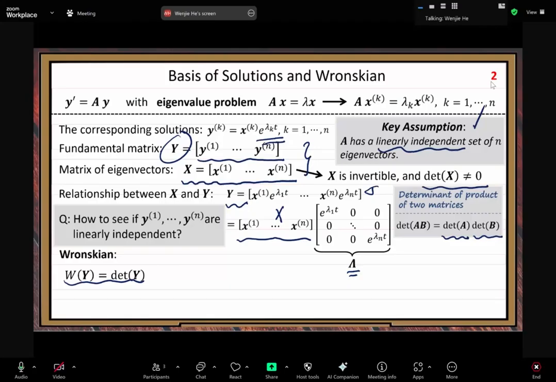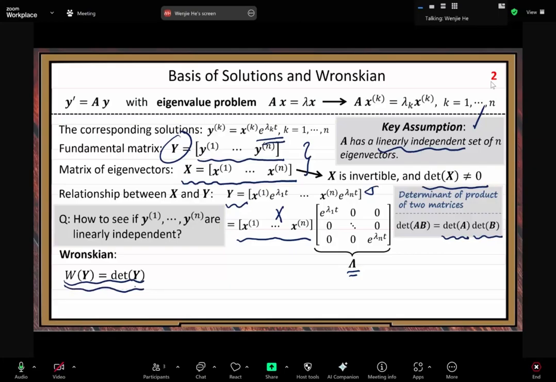But when we move to the linear system ODE, we need to change our definition, or do an adaptation of the Wronskian definition, and this is the Wronskian definition. But these two definitions are compatible.